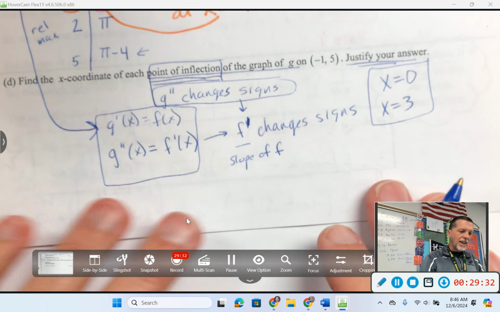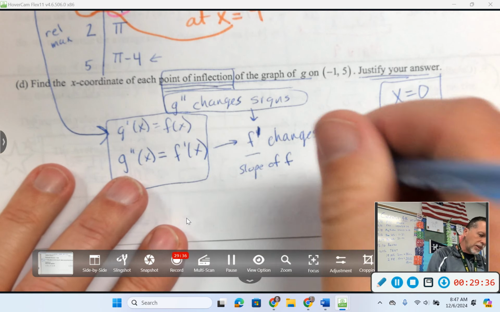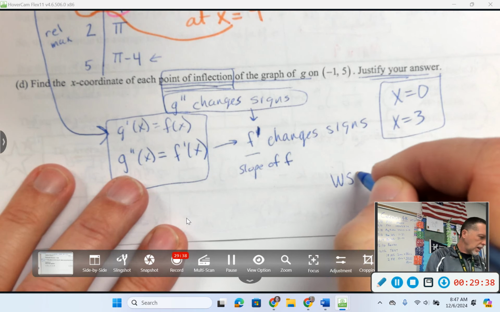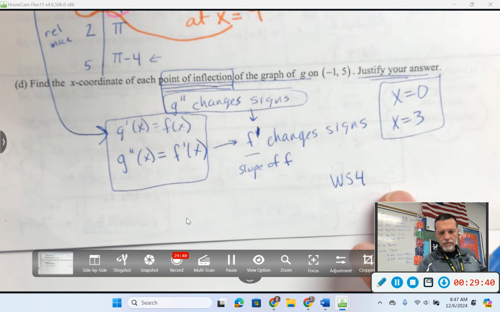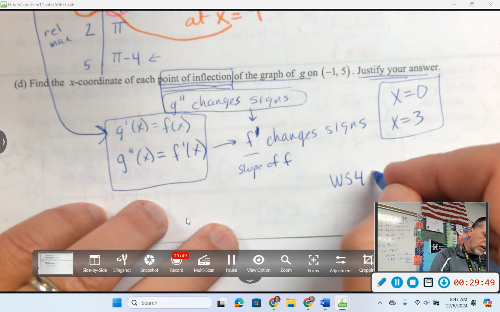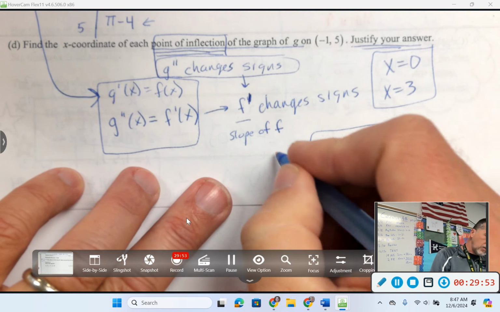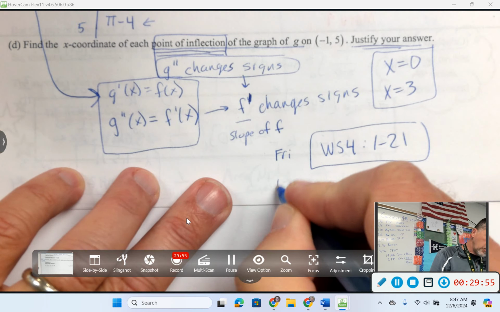Okay, and because of that, that's another reason I wanted to spread these notes out and put this one on its own day. So we're up to worksheet 4, review worksheet. I think, worksheet 4. So I'll say today's assignment is worksheet 4, 1 through 21.